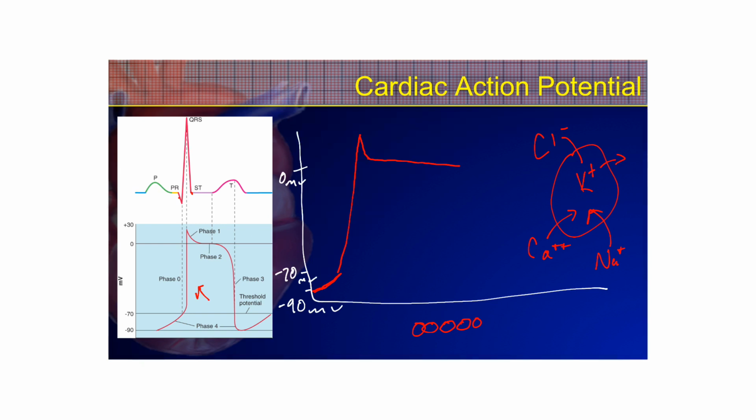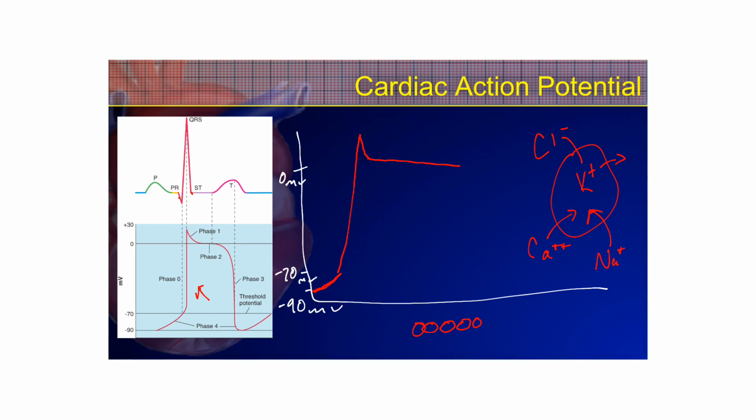So you're getting kind of an equal change in the positivity of that cardiac myocyte. The presence of calcium prolongs the polarization of the membrane, creating a plateau. The contraction ends when the outward flow of potassium exceeds the inward flow of sodium and calcium, and it corresponds to the ST segment on an EKG.